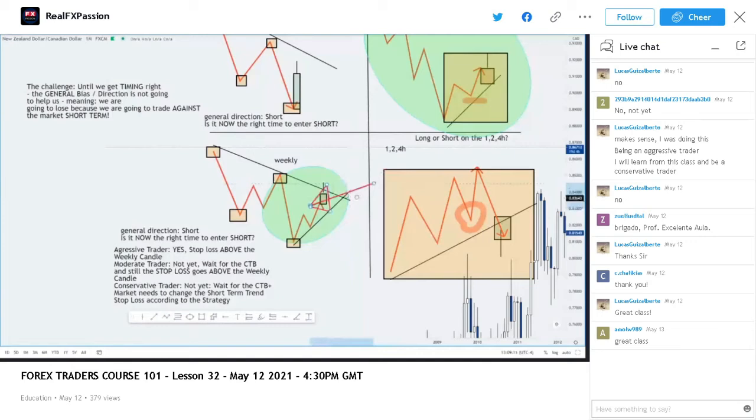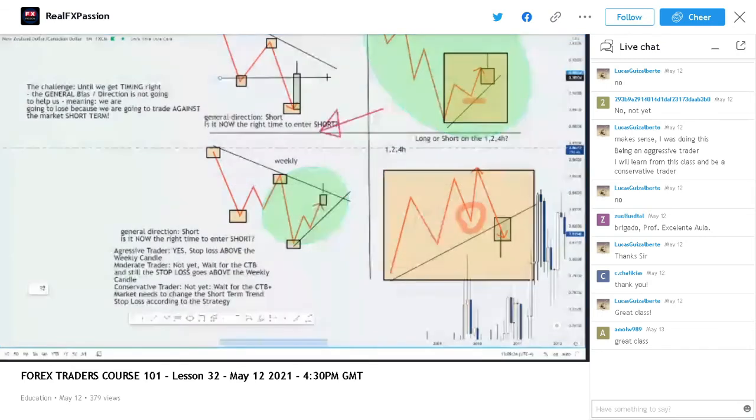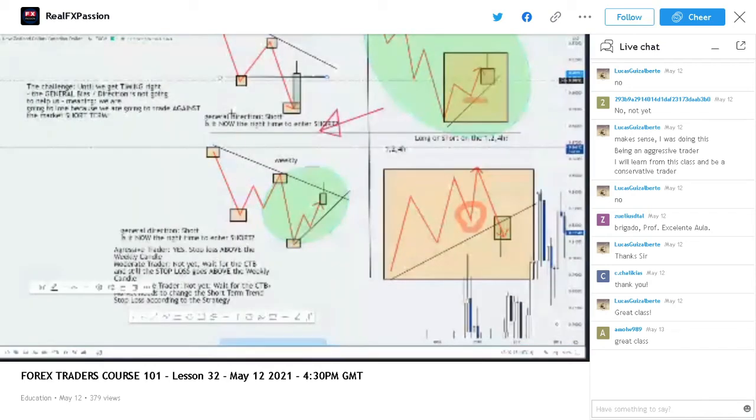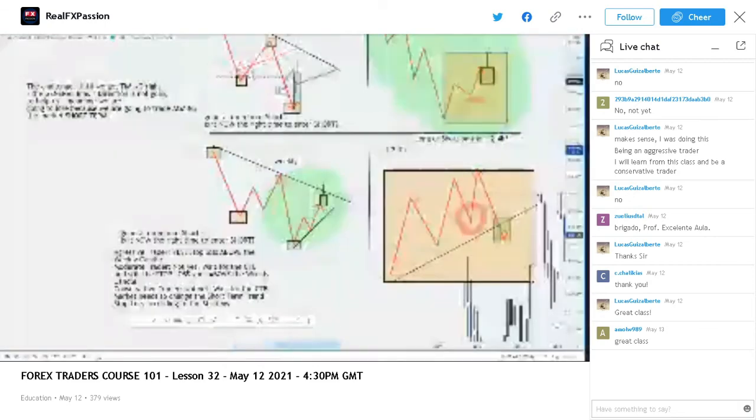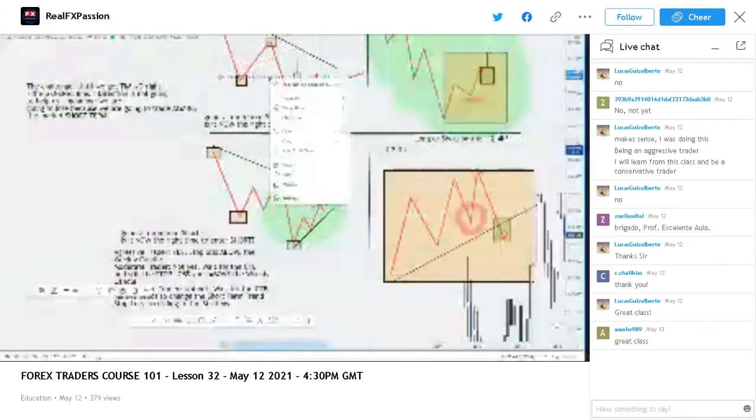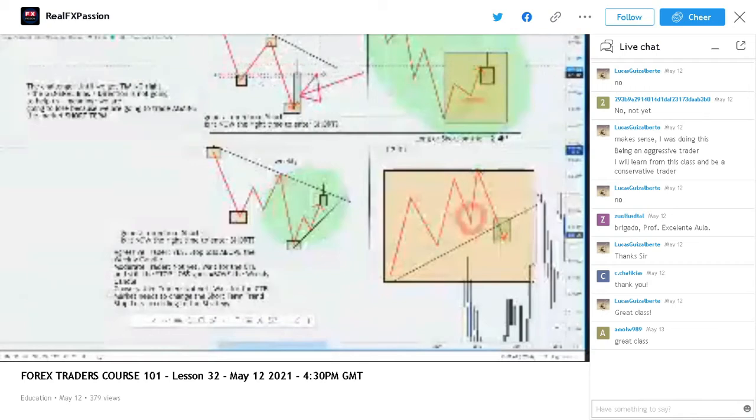And we learned that resistance and support and pivot points are areas, not lines, right? So this candle, bullish, now it happened at past resistance on the monthly structure. Now similarly, this happened here too, right?